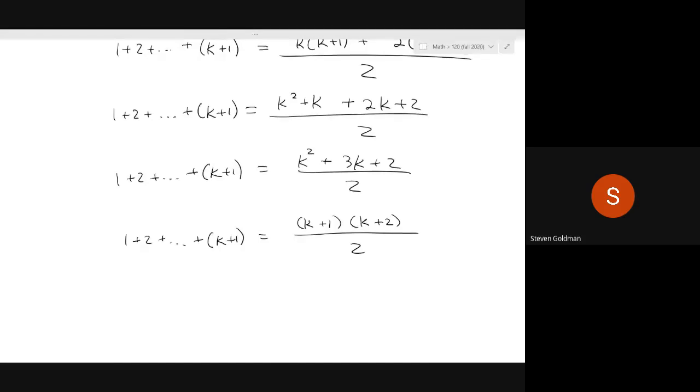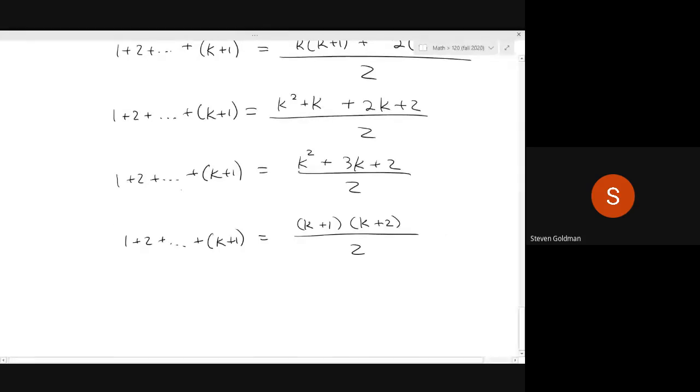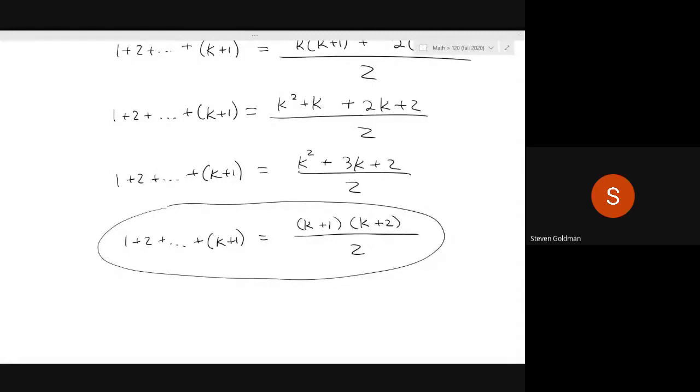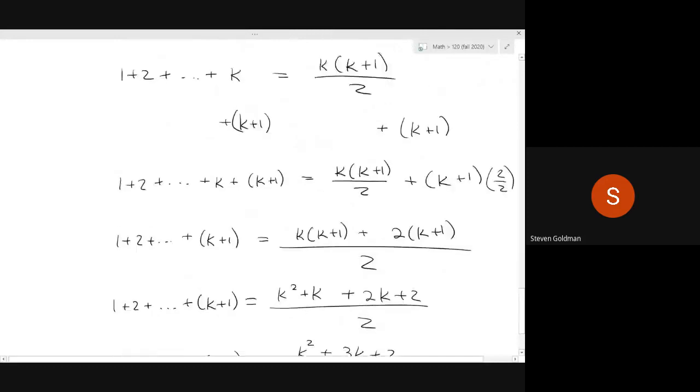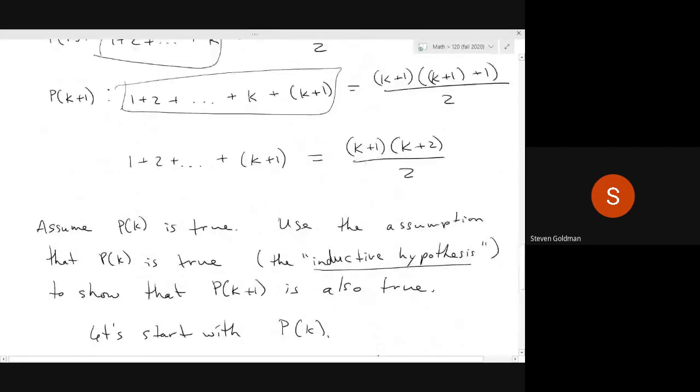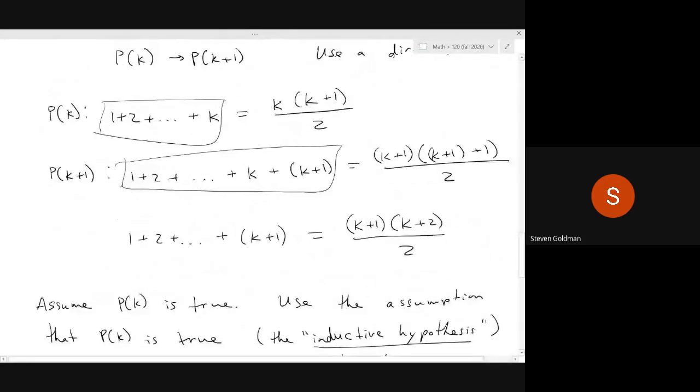All right, let me circle it. Yeah, this thing here. What is this thing? Same as the conclusion. Yes. Well, what do you mean by conclusion? If I scroll back up for a moment, you'll notice that that is p of k plus 1.